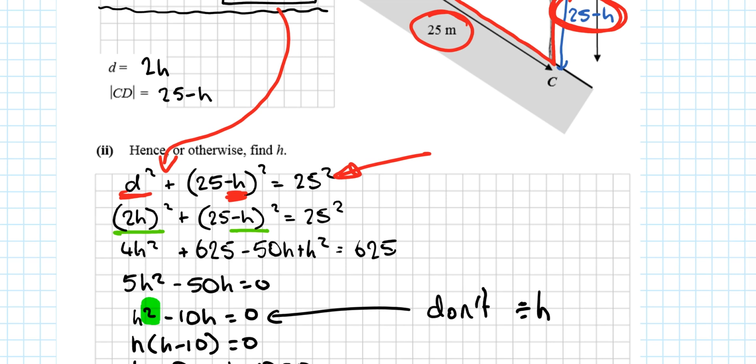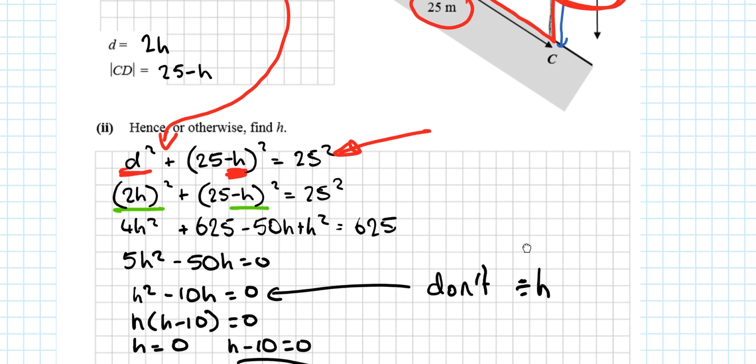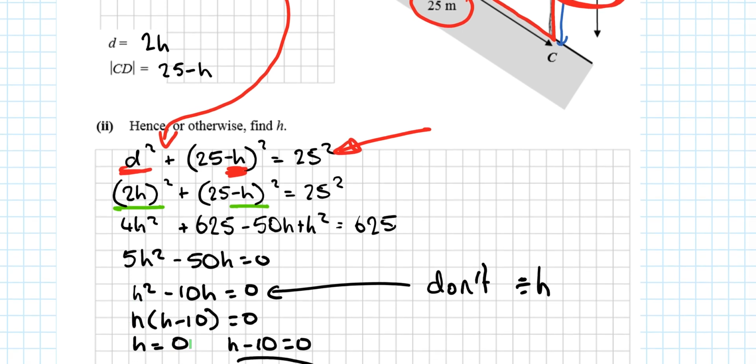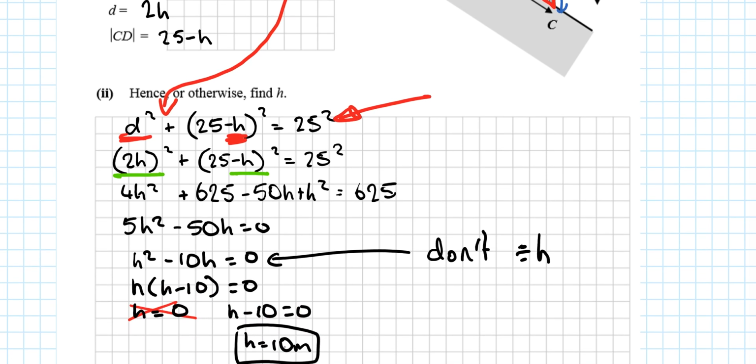So that means we want two answers. Either this number is 0 or this number is 0. Now I know h equal to 0 is not a reasonable answer, so don't include it, and then your final answer will be 10. But do not divide by h. That's something we shouldn't do in this case.